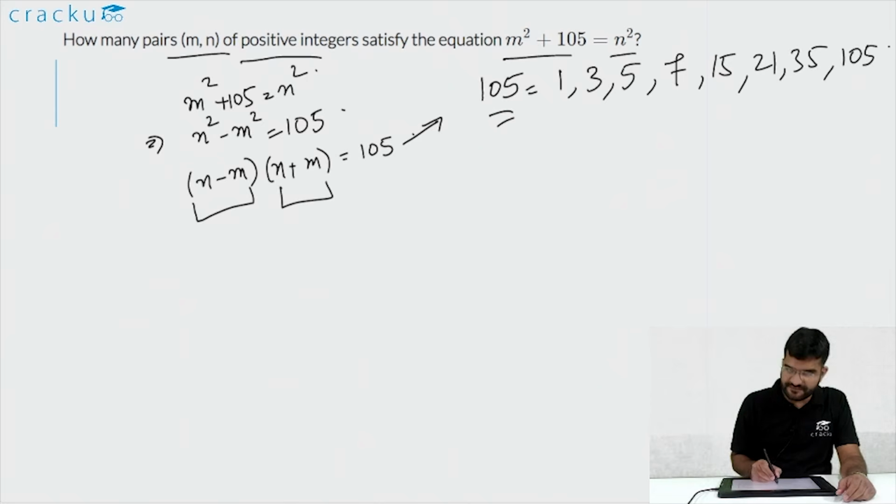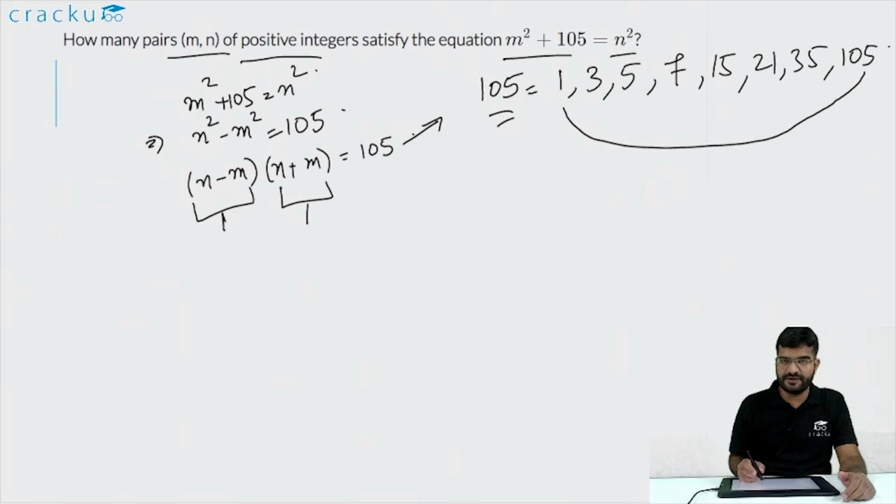Now we want n − m and n + m to be complementary, as in their product should match up to 105. That is 1 and 105, when you multiply them you are going to get 105. 3 and 35 will also get you 105, 5 and 21 will also get you 105, and 7 and 15 will get you 105.